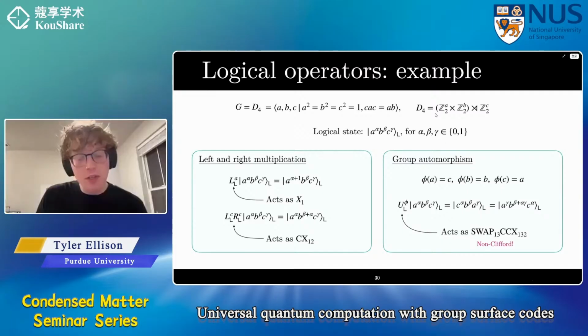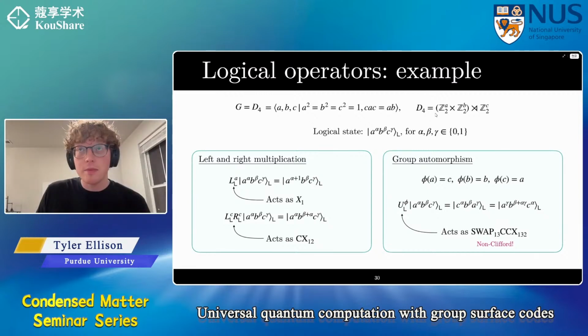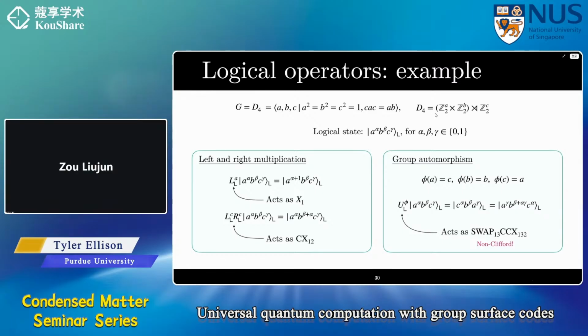We can use the group relations to move the C on the left past A, and pick up a B depending on alpha.